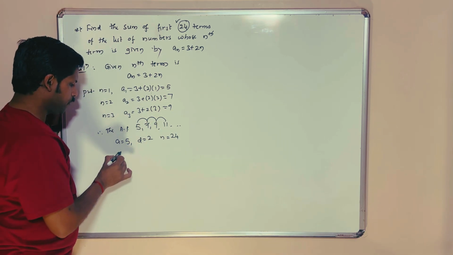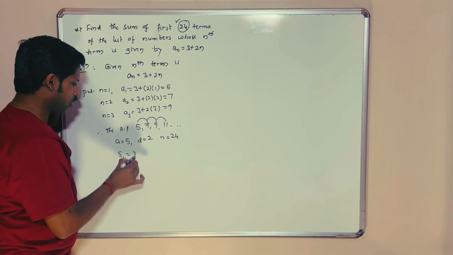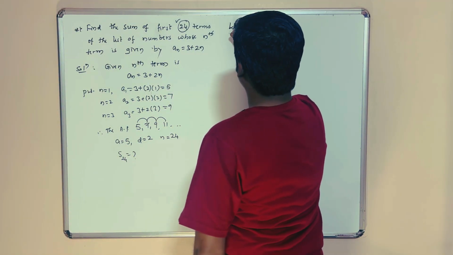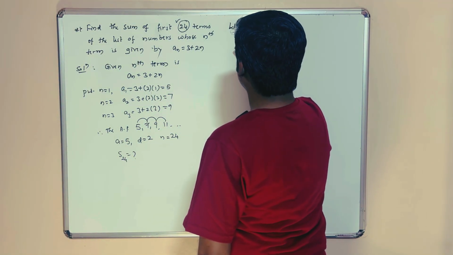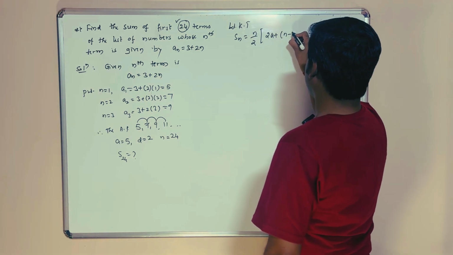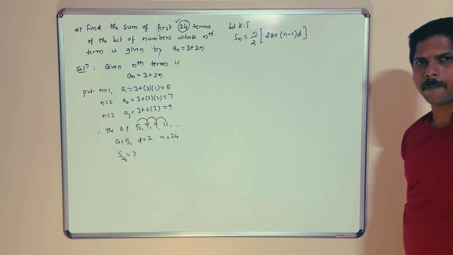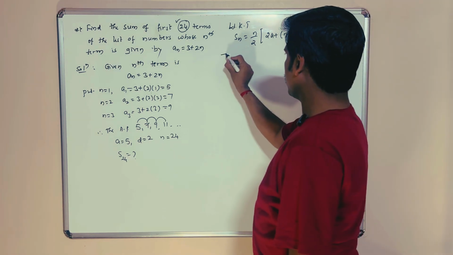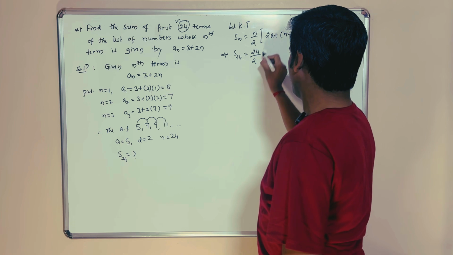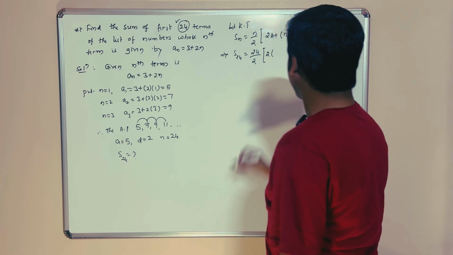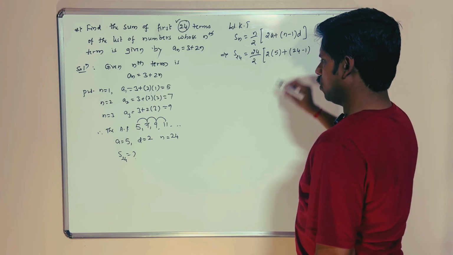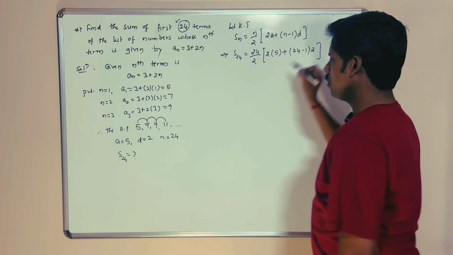What do we have to find? Yes, the sum of first 24 terms. So formula, we know that Sn is equal to n by 2 into 2a plus n minus 1 into d. So now substitute the given values here. S24 is equal to 24 divided by 2 into 2 into 5 plus 24 minus 1 into 2.